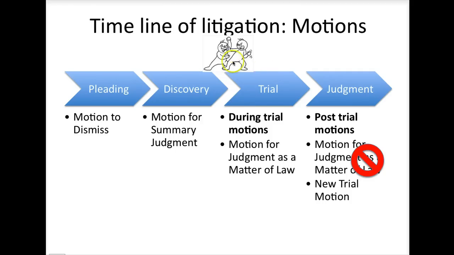For instance, if the plaintiff was awarded $50,000 on a battery claim, the defendant could file a post-trial motion saying that as a matter of law, the jury got it wrong. No reasonable jury should have found and entered a verdict for the plaintiff, so the court should overturn the verdict and enter judgment instead for the defendant.